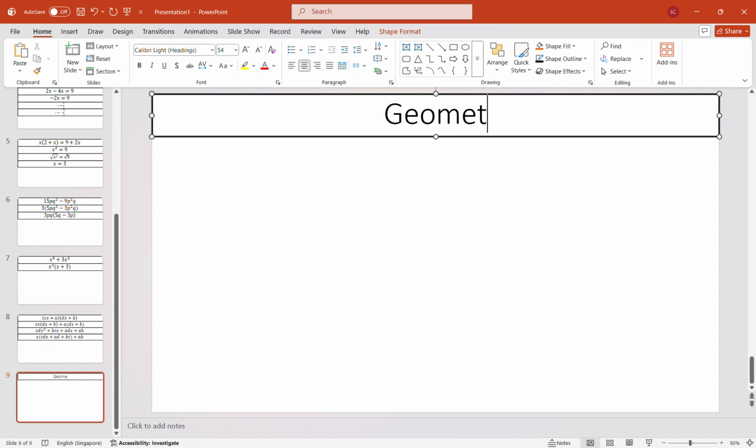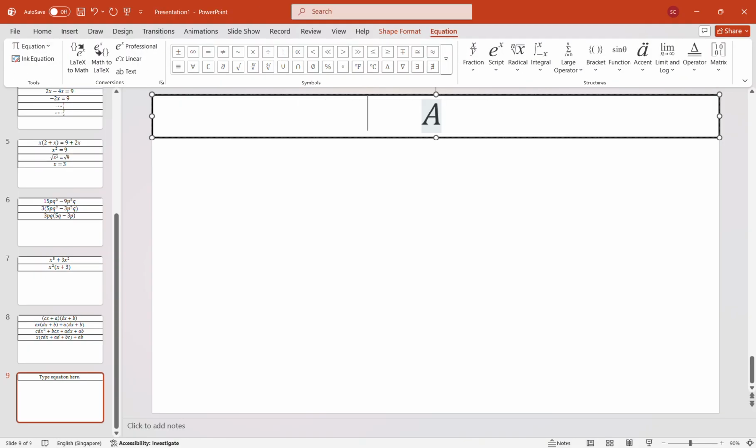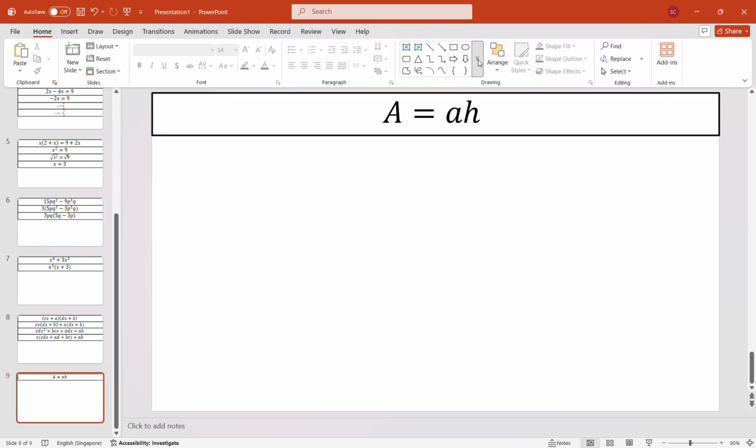A equals to base times height. I think that's the area of a parallelogram, right?